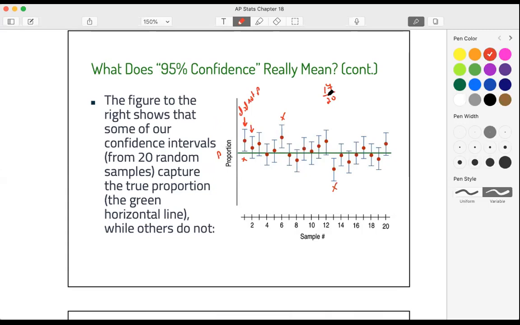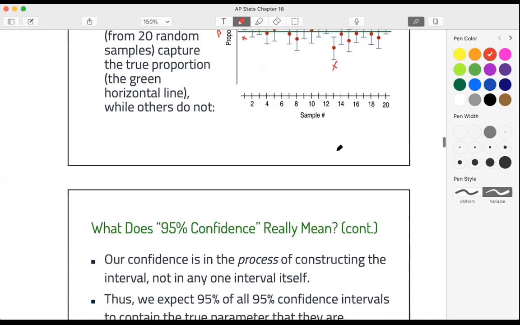If I take 17 and divide that by 20, that is about 85%. Now, that's supposed to equal 95%. Why do you think that's supposed to equal 95%? Because we did a 95% confidence interval. So of all confidence intervals that I create, 95% of those will actually capture the true p.